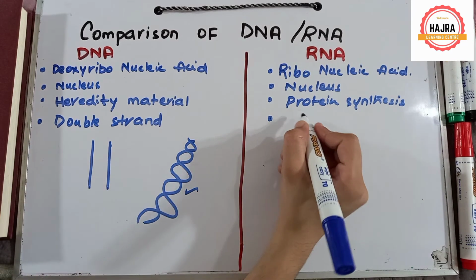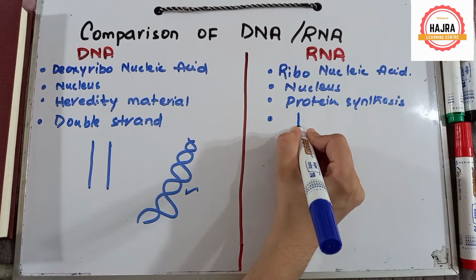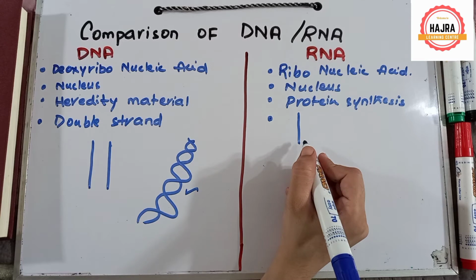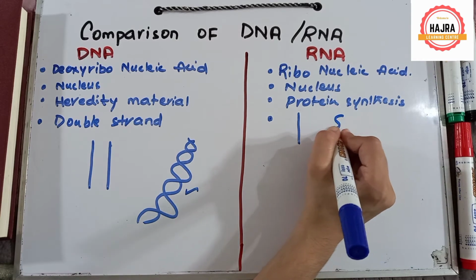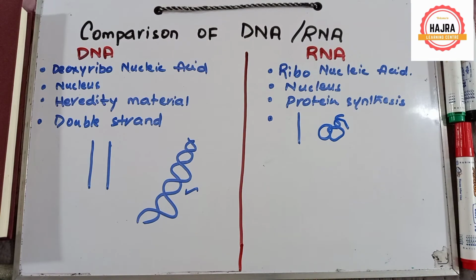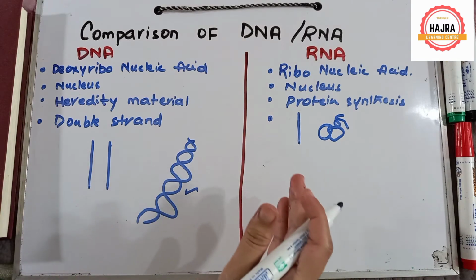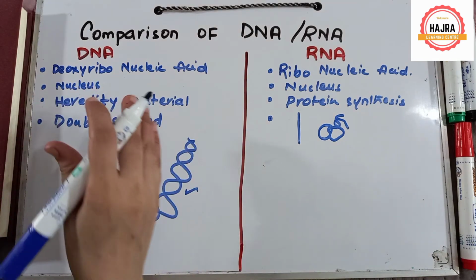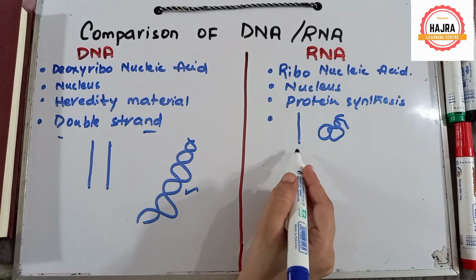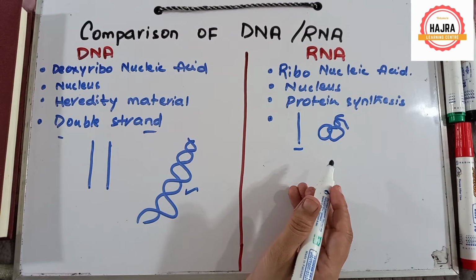But RNA is a single-stranded structure, which folds on itself to make a coil. So DNA is double-stranded and RNA is single-stranded.